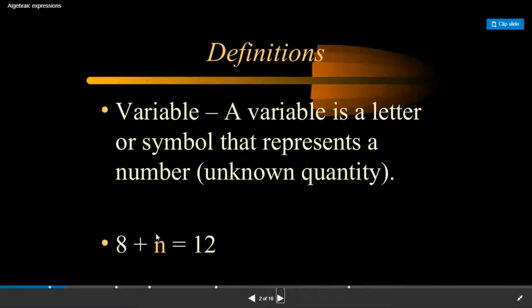The letter n here is an example of what we call a variable. Always remember that the quantity of the letter n here is still unknown. That's why n is an example of a variable.